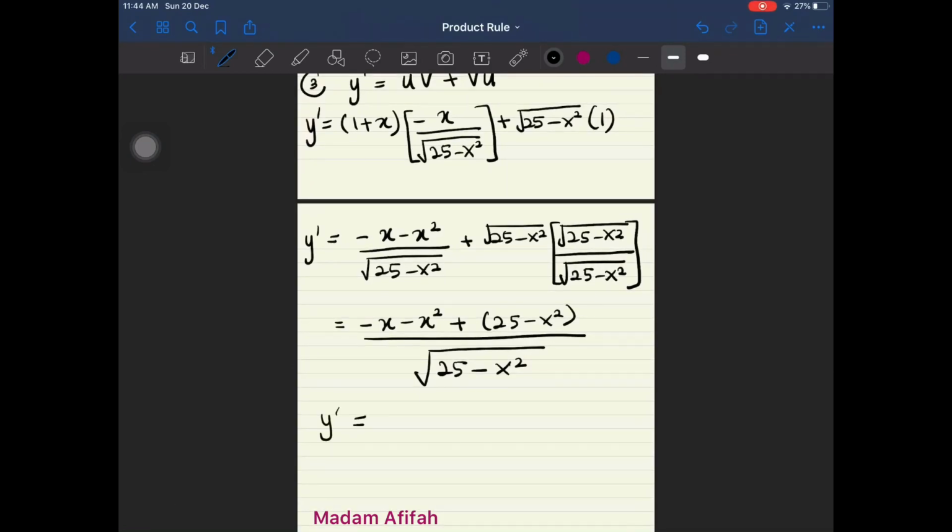Simplifying this gives negative 2x squared minus x plus 25 over square root of 25 minus x squared. So this is the answer.